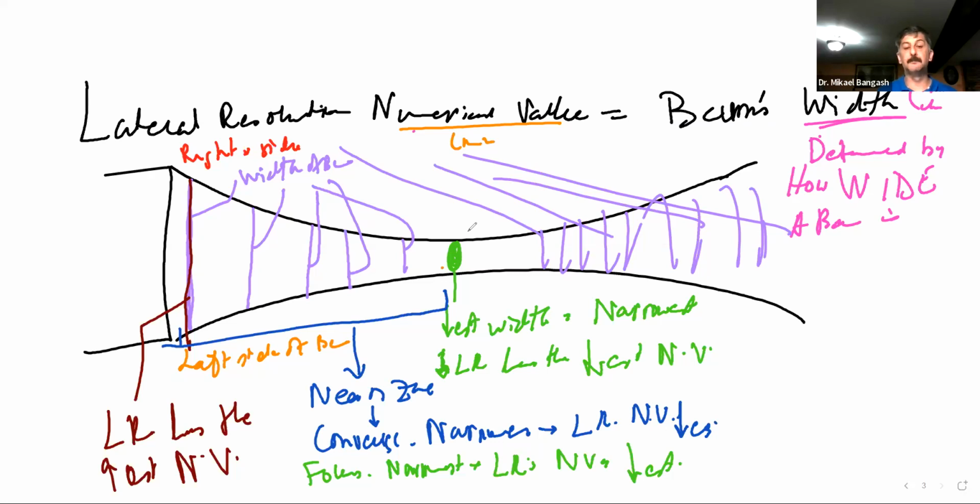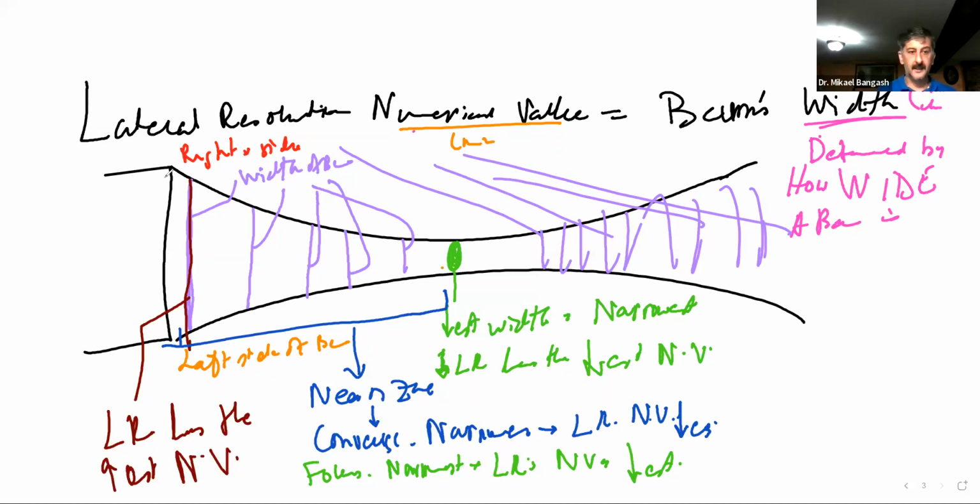Did that make sense? If I have a question: so the beginning of the near zone has the highest and the focus has the lowest numerical value? Yes, because what did we say the numerical value of your lateral resolution was? Directly the width of the beam.